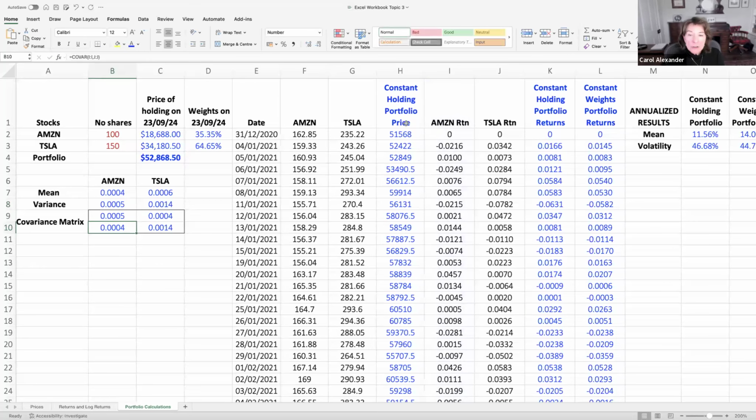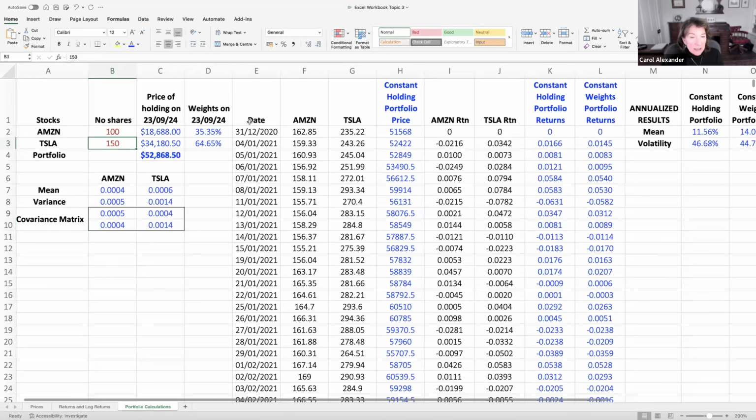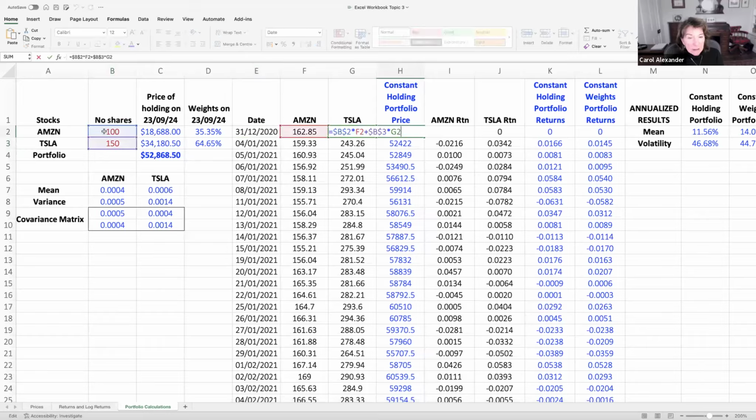Now, what about the constant holding portfolio? Just assume we always have the same number of shares, even in 2020, as we did in September 2024. So then we just multiply the 100 times the Amazon price plus 150 times the Tesla price. Assuming, like I have, you just ignore your portfolio and you don't rebalance it at all, then this is the price because you haven't changed the holdings at all, no rebalancing.